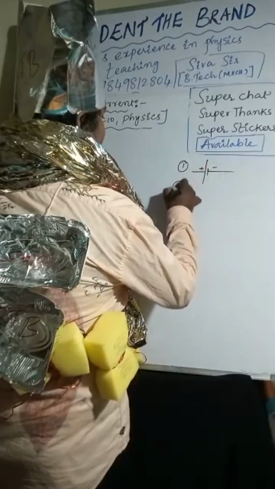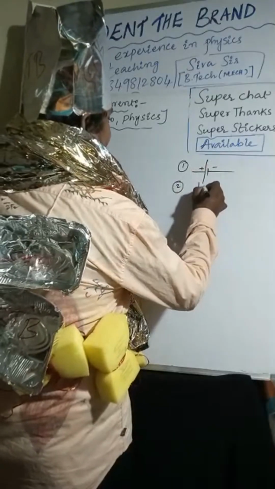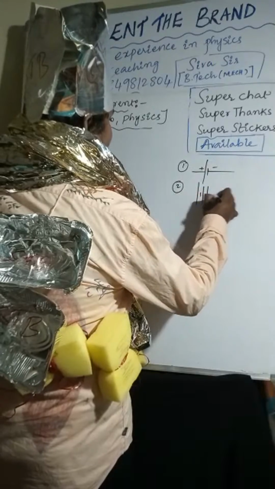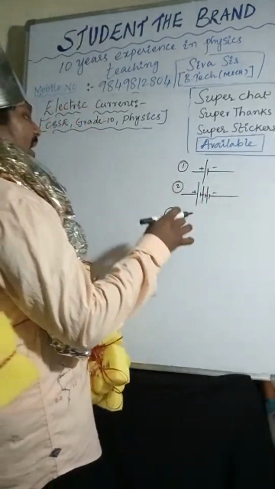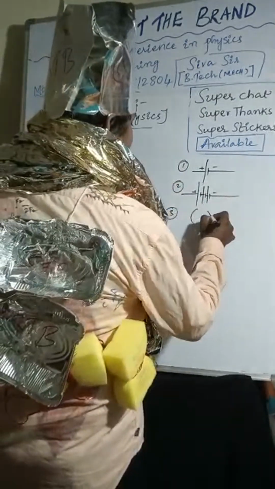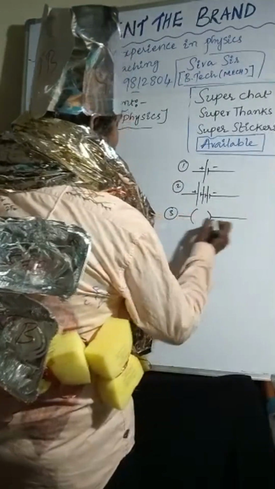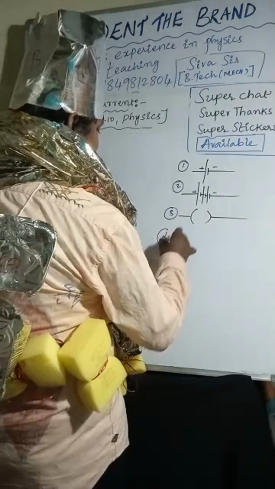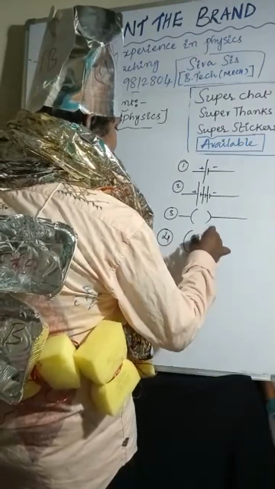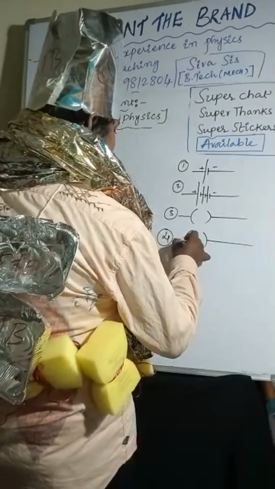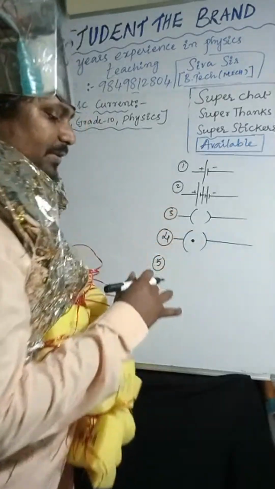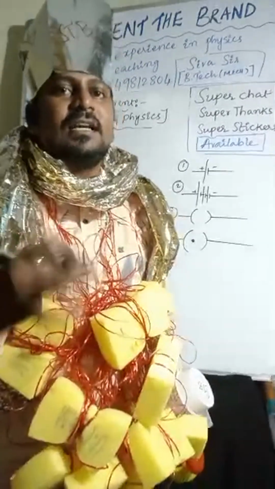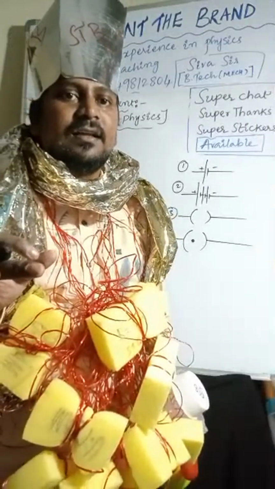Second one is cell, battery. Then switch: open switch, closed switch. They will ask questions related to this.